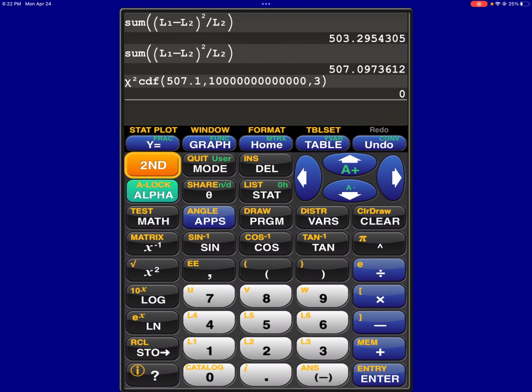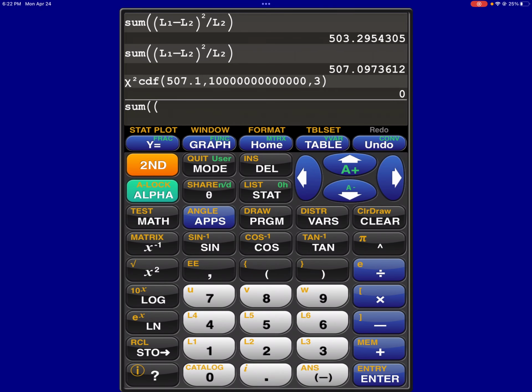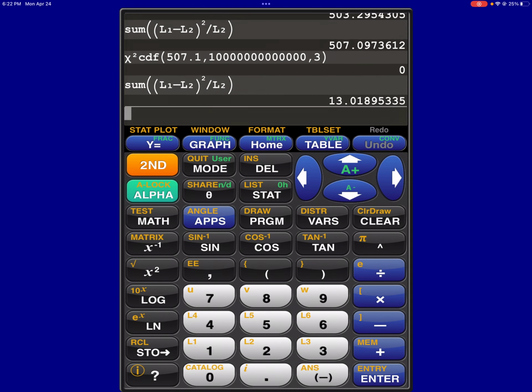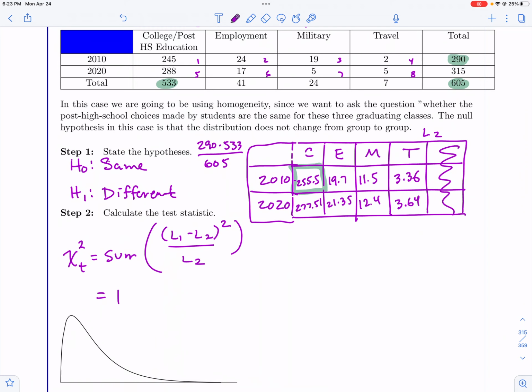So second stat, math, sum of L1 minus L2 squared divided by L2. And so it looks like I get 13.019. So 13.0 is probably fine in this case. So it looks like we get a chi-squared sub t of 13.